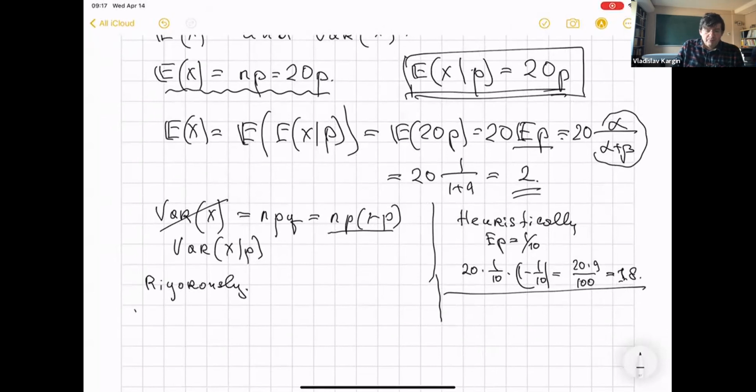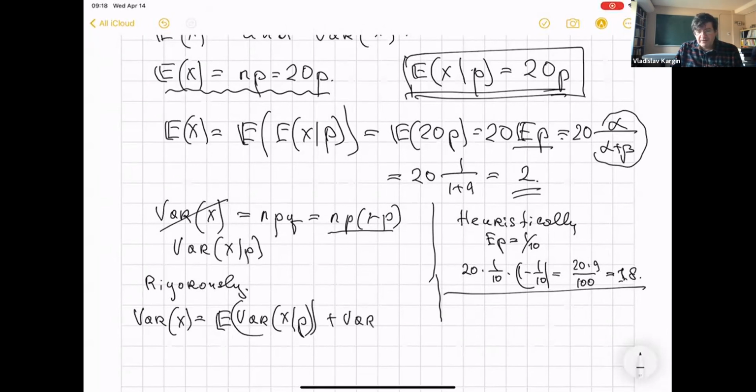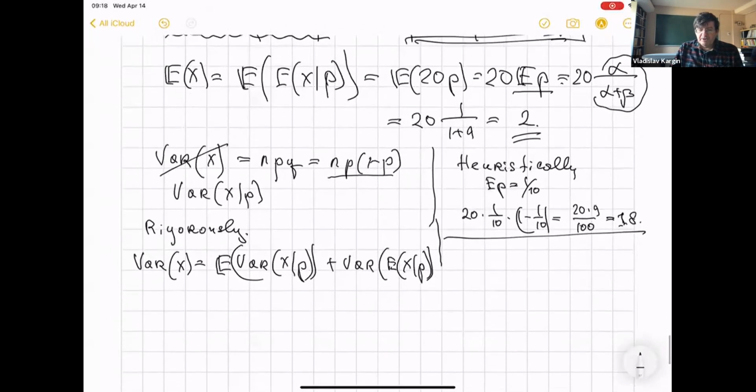And we use this formula. We use that the variance of x should be equal to the expectation of the variance of x given p plus the variance of the expectation of x given p. So what does it mean in our case?